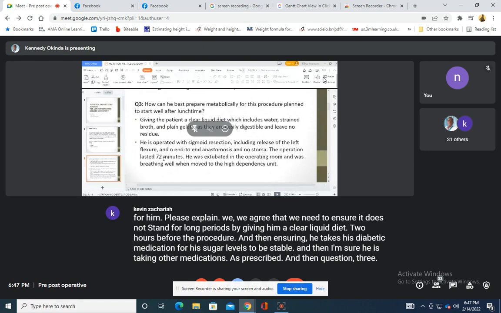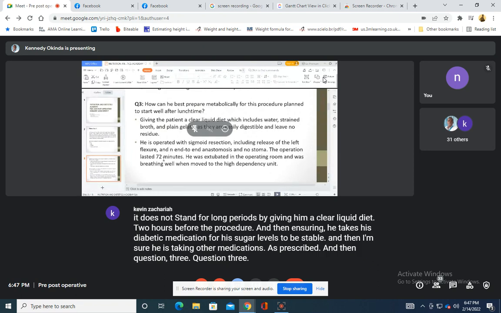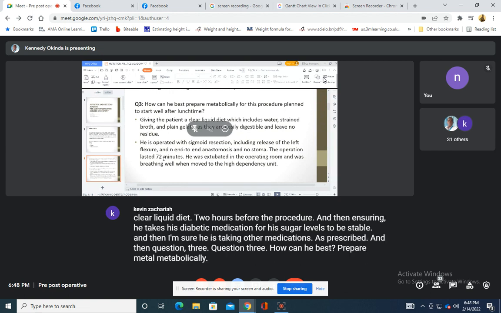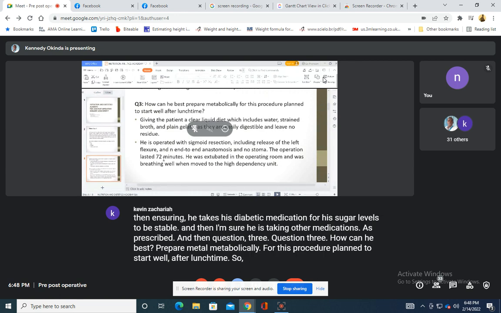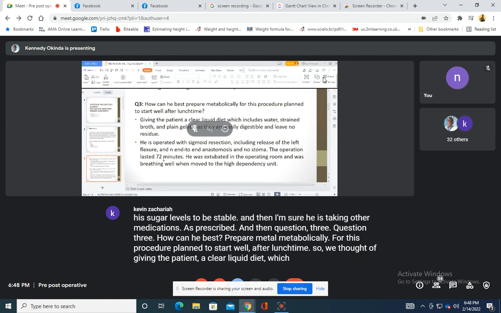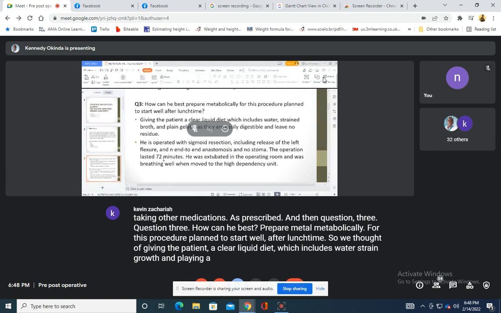Question three: how can he best prepare metabolically for this procedure planned to start well after lunchtime? So we thought of giving the patient a clear liquid diet, which includes water, strained broth, and plain gelatin, as they are easily digestible and leave no residue.